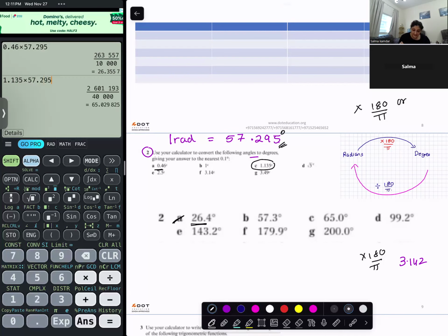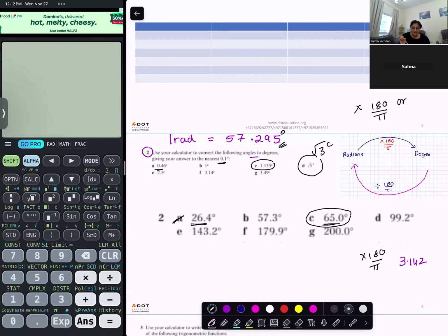So the answer is 65.02 or 65.0. They want you to round it off to the nearest 0.1. That means you just need 1 point after the decimal. So you're going to round it off to 65.0. I'll take this one, root 3 rad.